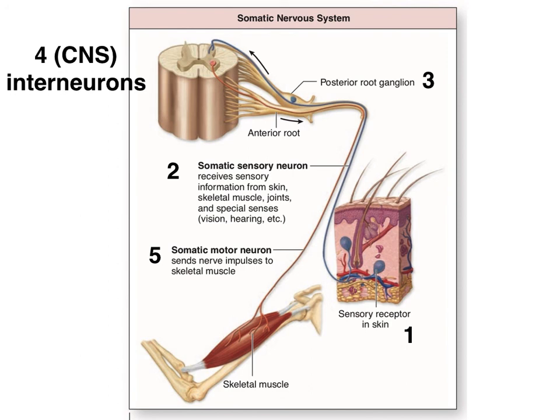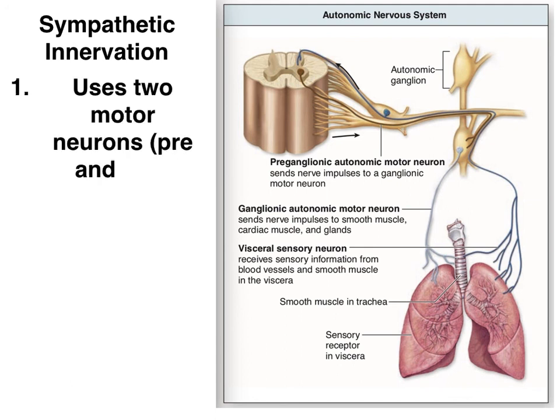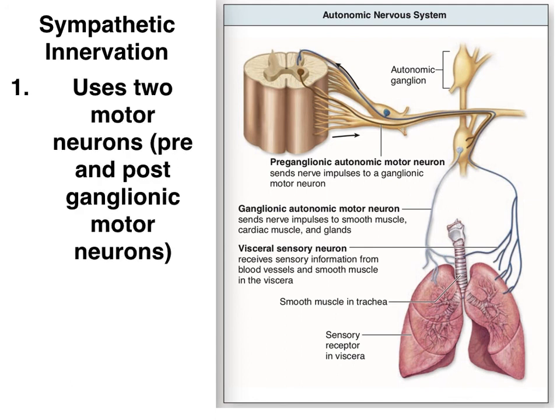If we think about the autonomic nervous system, then we switch. Instead, we see that in both the sympathetic and the parasympathetic divisions, they have 2 motor neurons. The 2 motor neurons have names. They're usually called pre- and post-ganglionic motor neurons. The connection of the neurons into the tissues is called innervation, like a nerve in there. Okay.